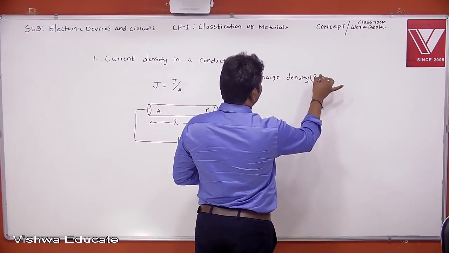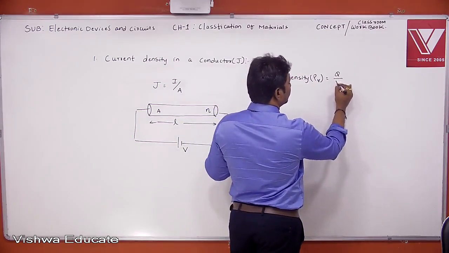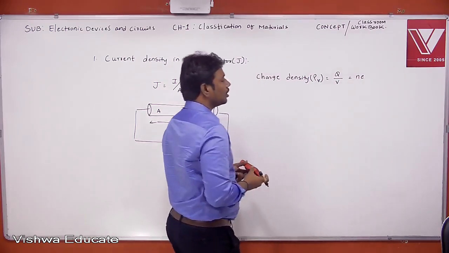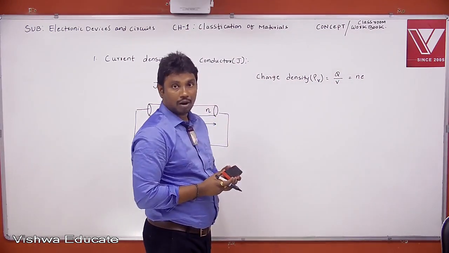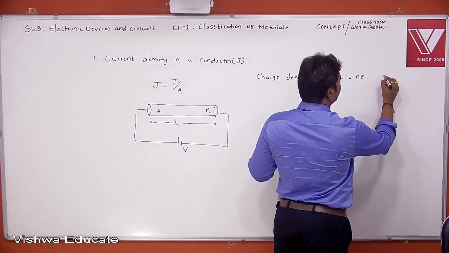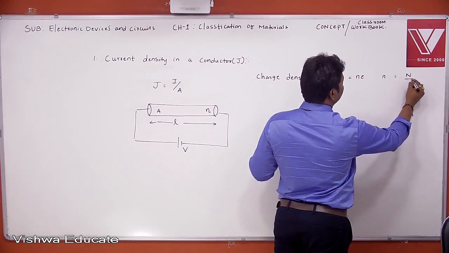Charge density is nothing but charge per unit volume, which is equal to Ne. What is this N? N is nothing but free electron concentration, or number of electrons per unit volume.